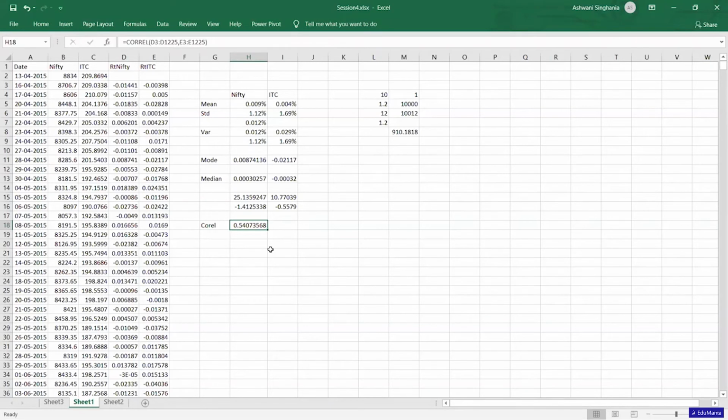So they are totally negatively correlated. So this is about correlation. We can also calculate covariance. Covariance and correlation almost suggest the same thing, whether the relationship is positive or negative.